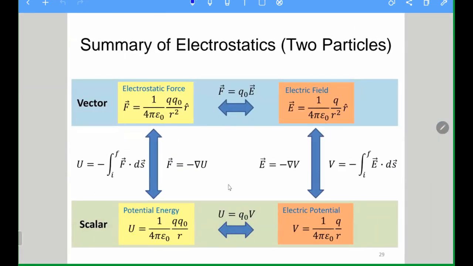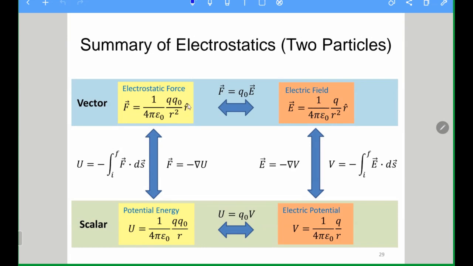So here I just summarize these 4 variables: the force, the electric field, the electric potential, and the potential energy. Actually you can see all of them have this factor K, so no problem for this term.